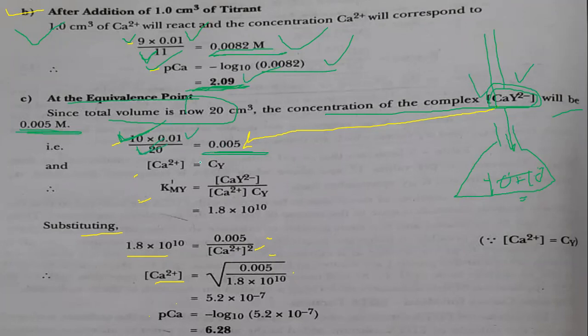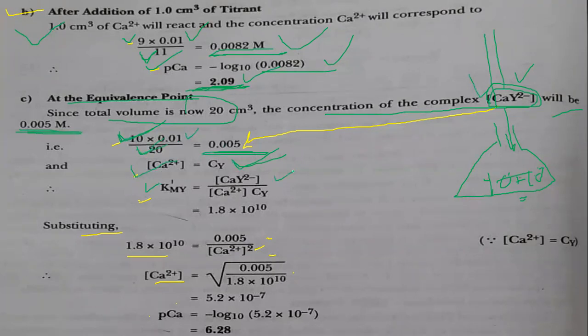Okay. Now, but at the end point, concentration of Ca2 plus ion is equal to Cy. Therefore, K dash My is equal to what?